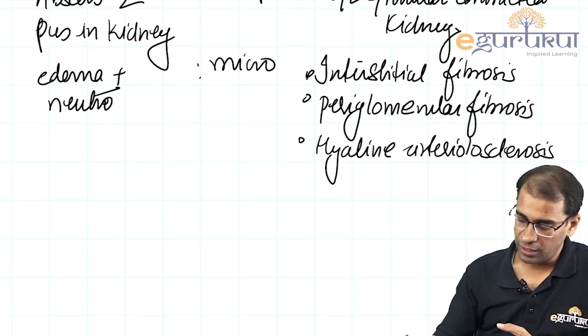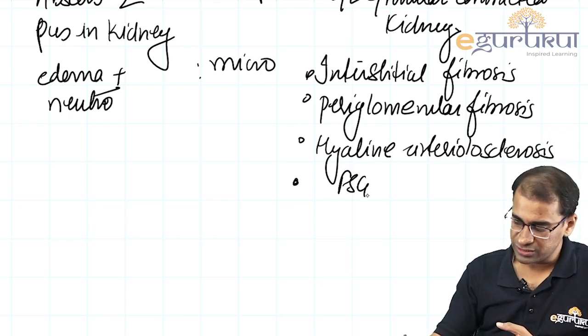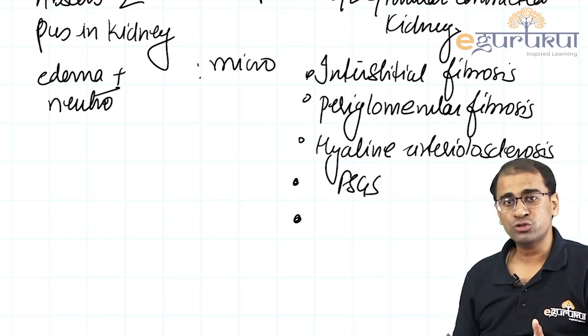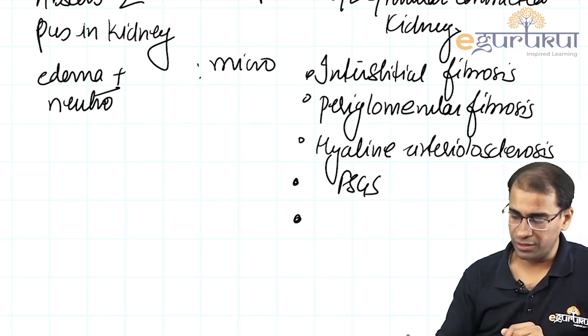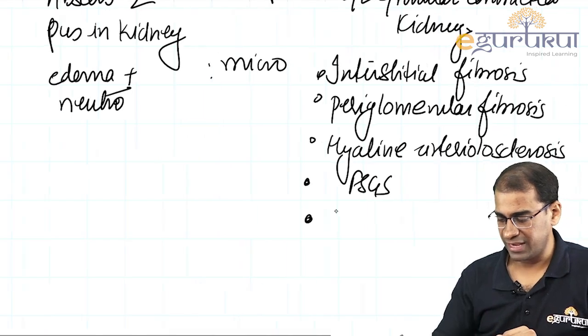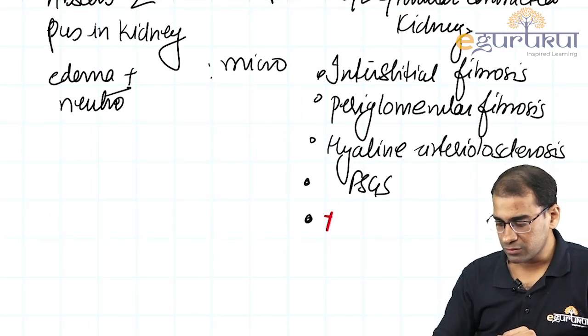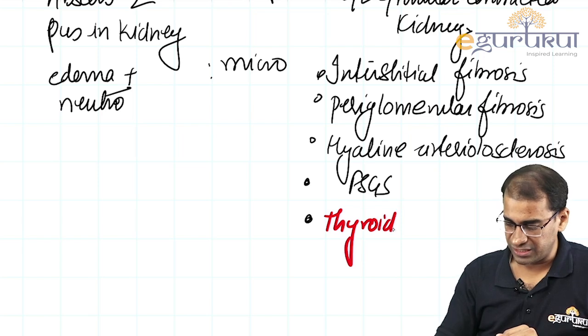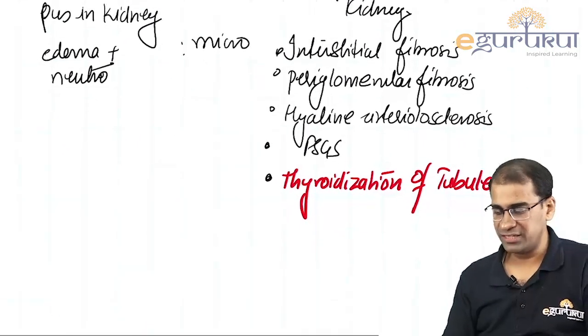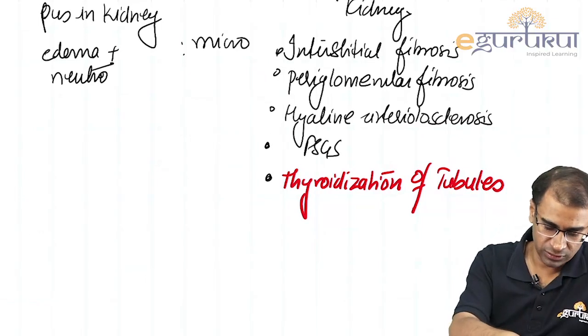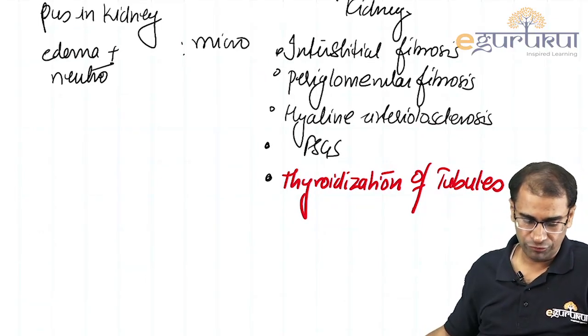It may lead to FSGS, but very importantly, if it shows deposition of the colloid-like substance in the tubules, the finding we name it as thyroidization of tubules. Okay, thyroidization of tubules.